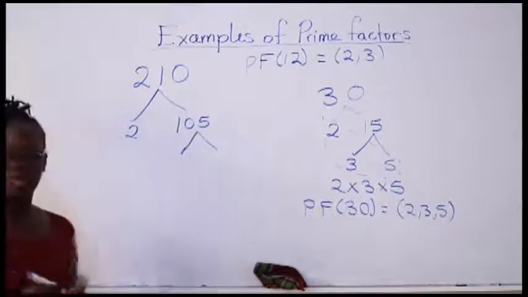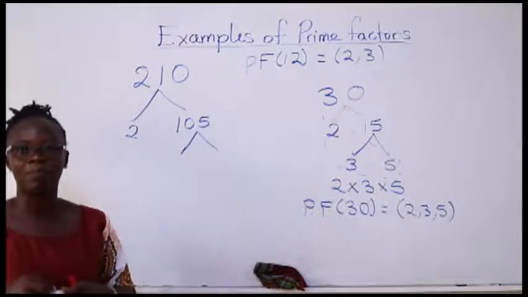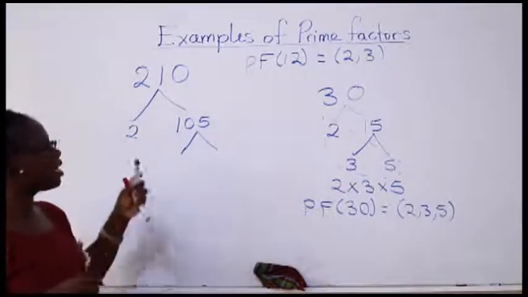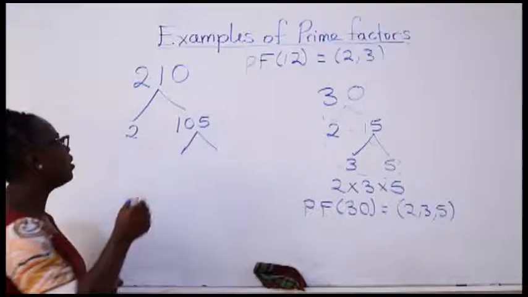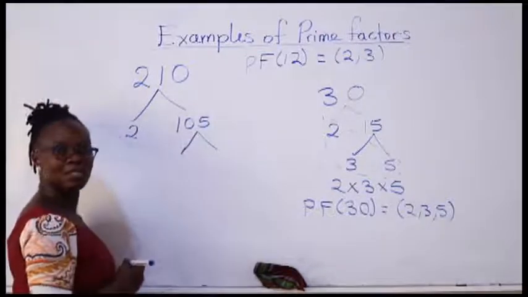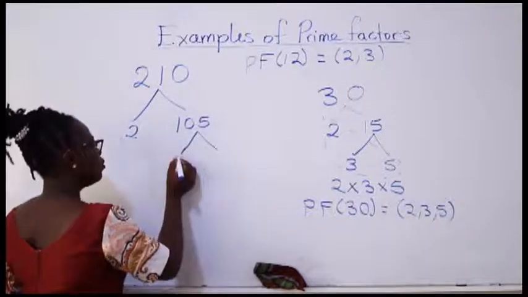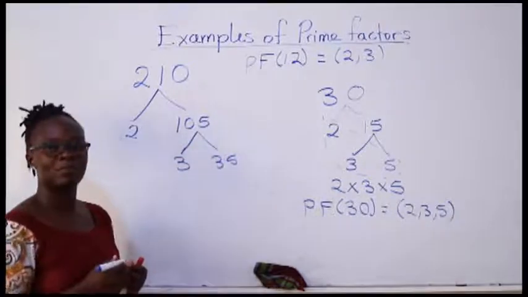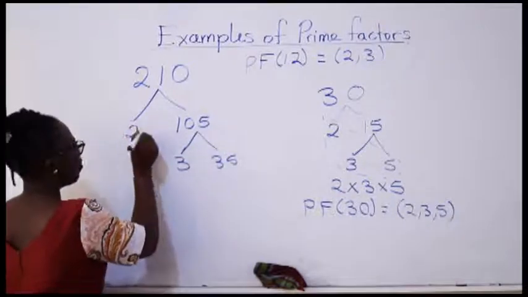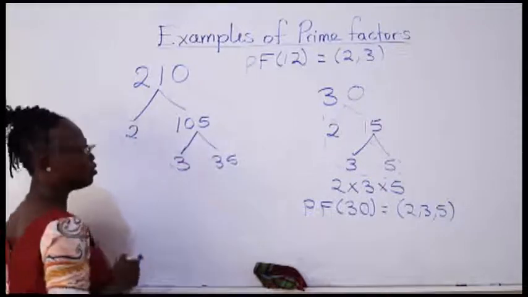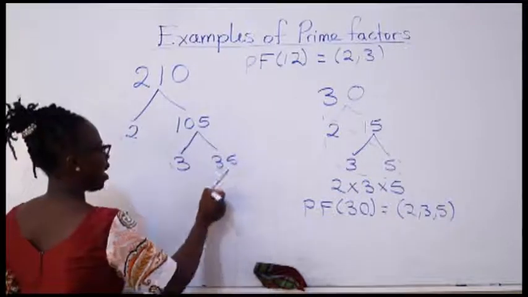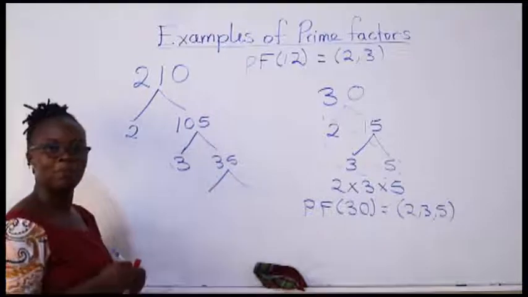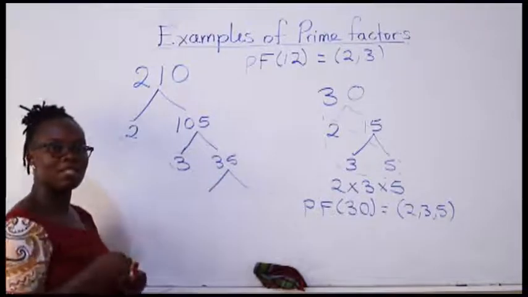So we ask ourselves, what's prime? If we pick the next prime, which is 3, can 3 divide this? Yes. And the result will be 3 times 35. So we have this prime and that prime as well. 35 is not prime, but we can simplify 35.